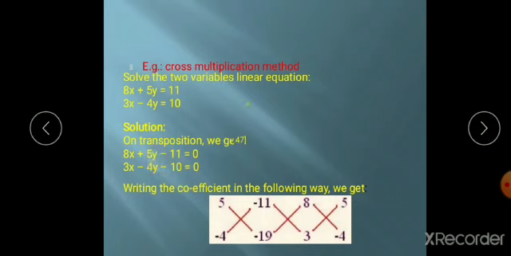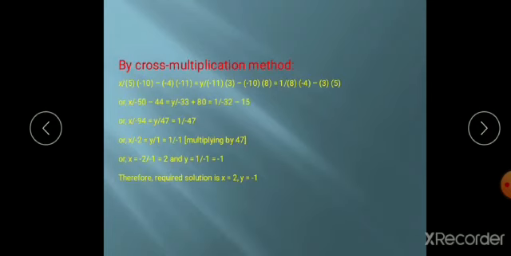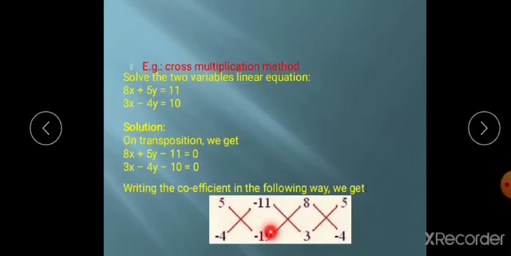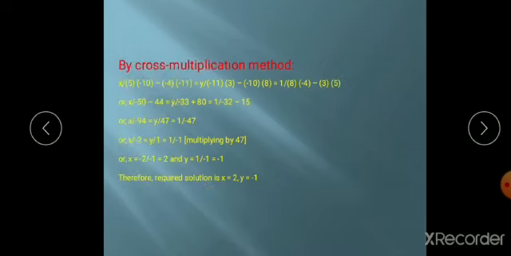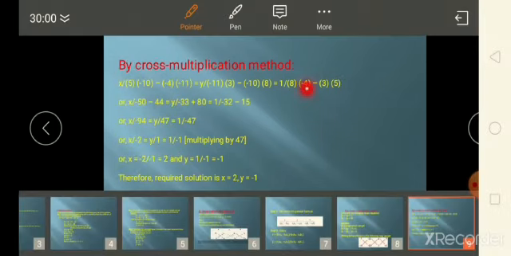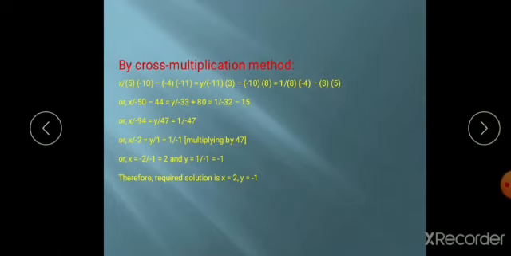Now cross multiply: 5 into 10, 4 into 11, 11 into 3, 10 into 8, 8 into 4, 3 into 5, and you will get an equation like this. Compare x with the constant term and y with the constant term, and you will get at last x equal to 1, y equal to minus 1. This is the cross multiplication method.